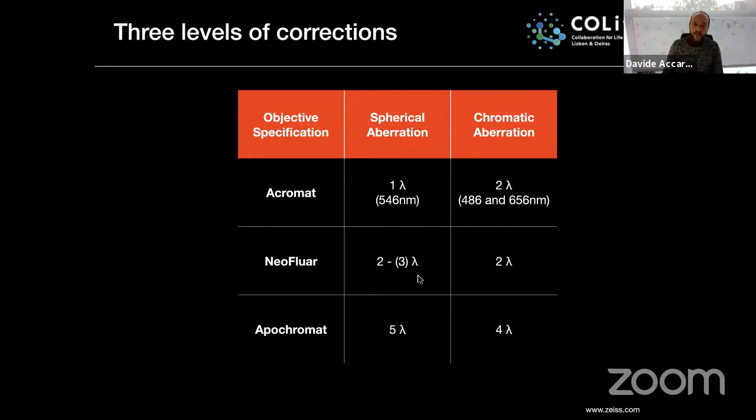For example, if you're doing experiments in the wavelengths that they are corrected for, or in monochromatic experiments, or you want to do deep tissue imaging, because notoriously neofluor lenses have a longer working distance than apochromat lenses have. And there are still other characteristics, okay?